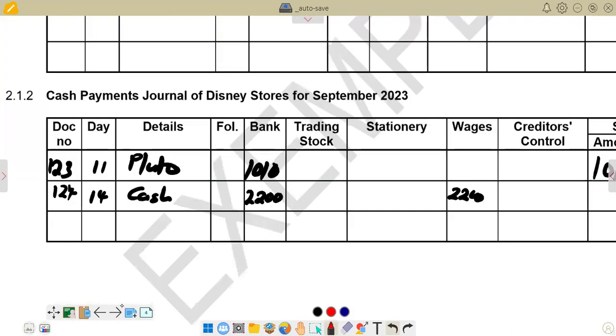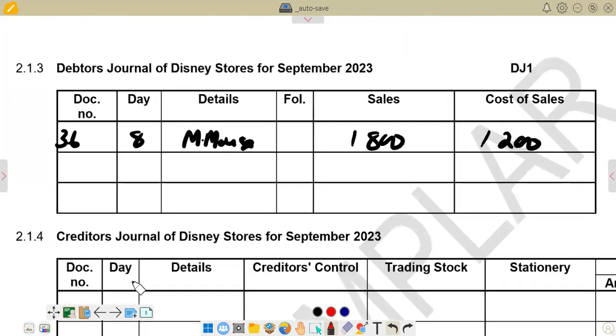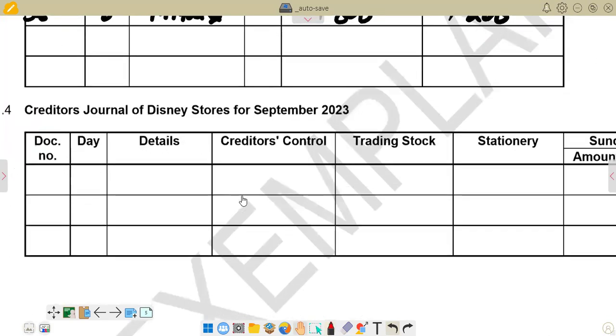Now the creditors total. So now we will see that we put in the creditors journal, and just under the creditors journal, that means we are now saying our document number, remember we have details. Let's say our document number is 229 and our day is 22.